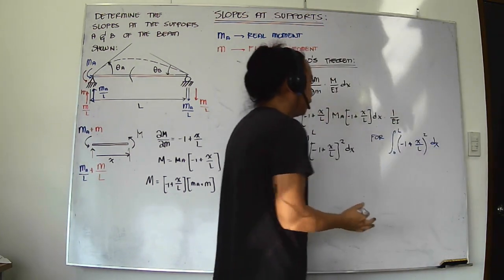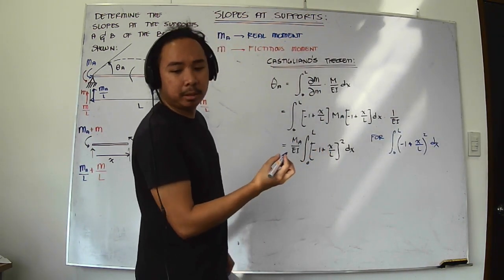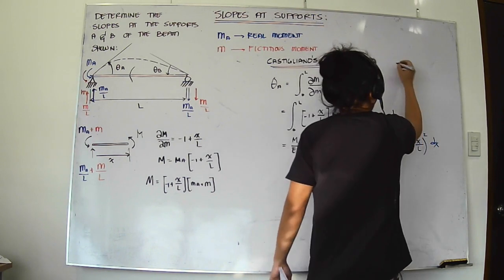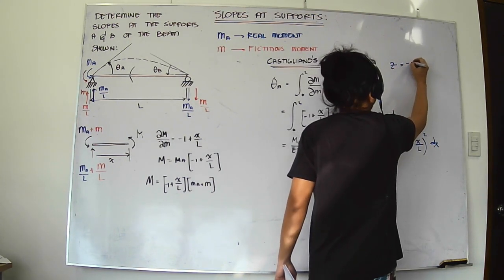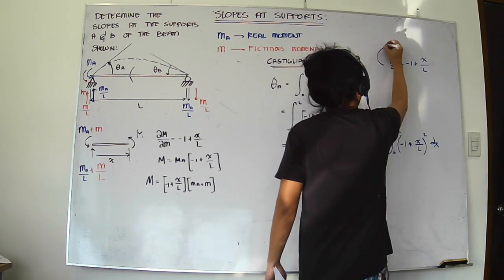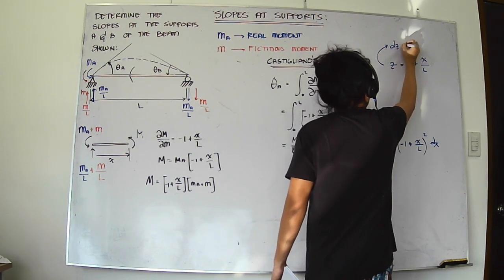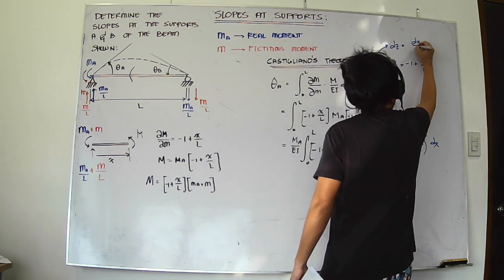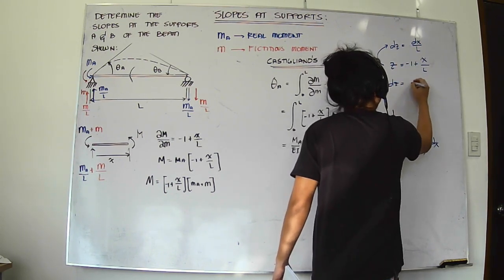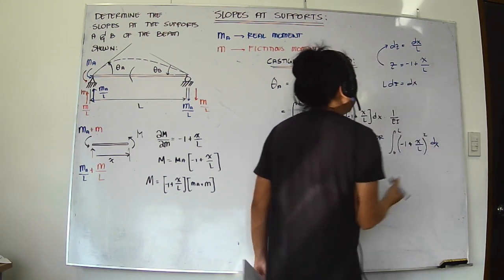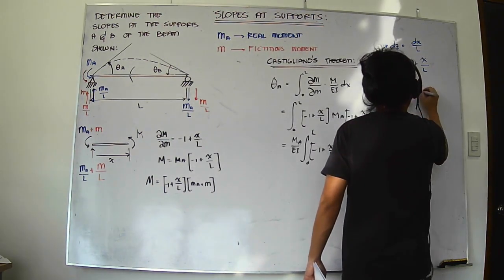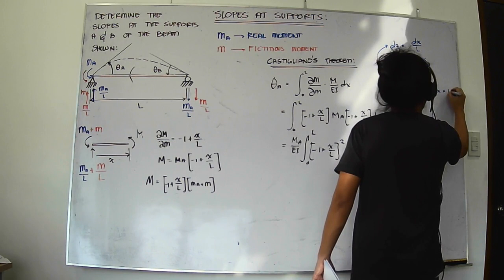I know some of you have taken integral calculus, so I think you're familiar with my ways, but I find the most complicated term here to be this one. So let z be negative 1 plus x over L, so dz is dx over L. We can just say that L dz is equal to dx. So when x is equal to 0, what is z? When x is equal to L, what is z?